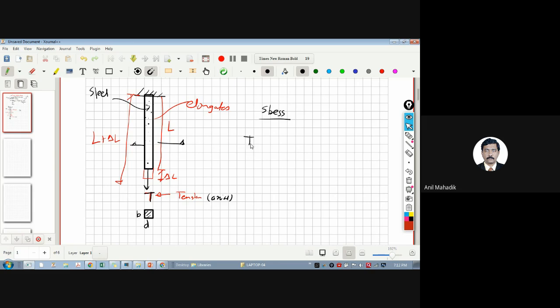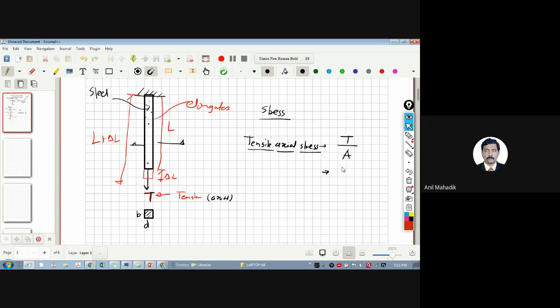The stress will be tensile stress, tensile axial stress. See, each and every word is important. Tensile is important, axial is important, and stress is also important. So what is axial stress? Force upon cross-sectional area.